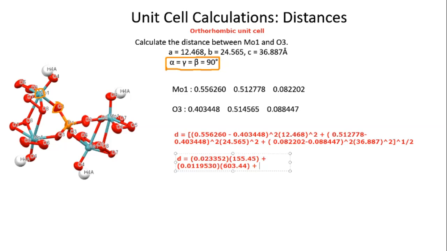So here we get... all right. And again, this is all raised to the 1/2 because we have to take the square root at the end.